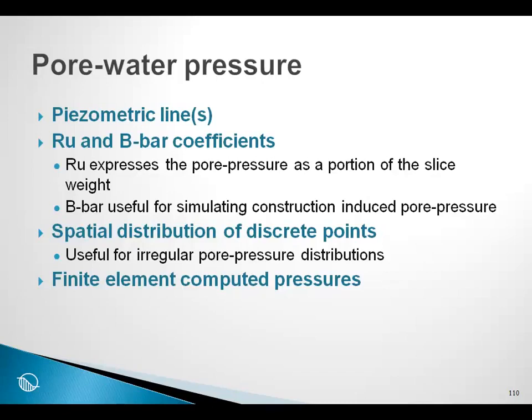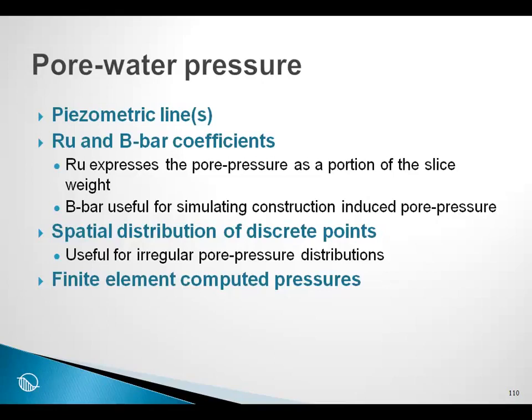An r sub u parameter expresses the pore pressure as a portion of the slice weight, perhaps half of the slice weight goes into pore pressure, or a quarter. I'm not going to spend a lot of time on r sub u parameters, but I will spend a little time on the use of B-bar, which is useful for simulating construction-induced pore pressures.